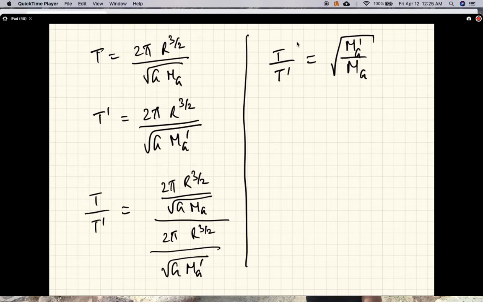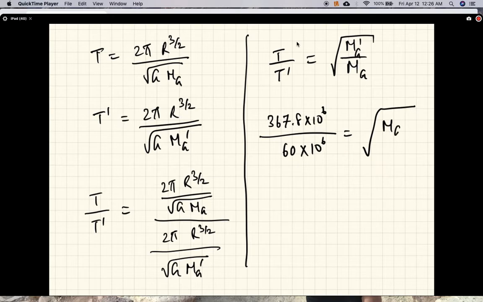For our calculation, we got 367.8 million years, and we want to calculate what the mass would be for a period of 60 million years. I'll calculate it in terms of the old mass, which would be more sensible.